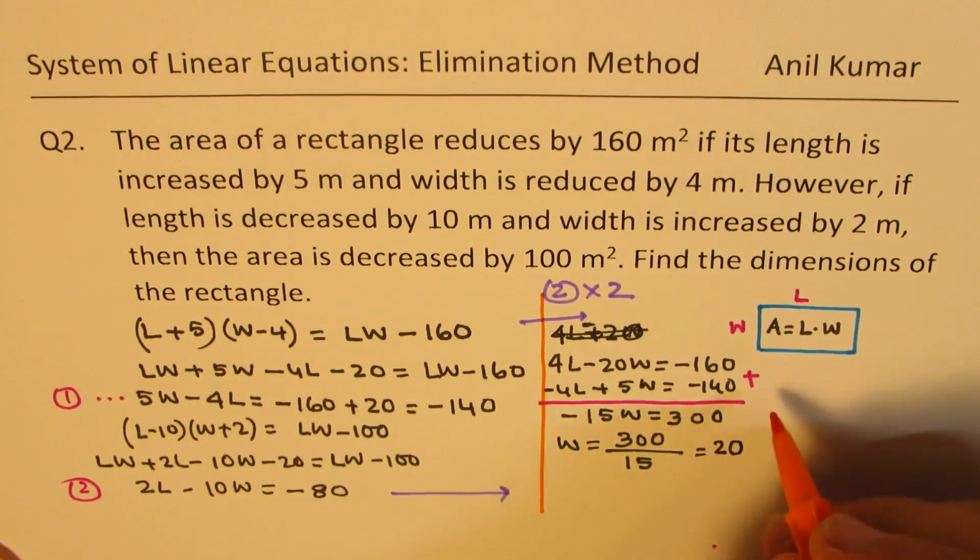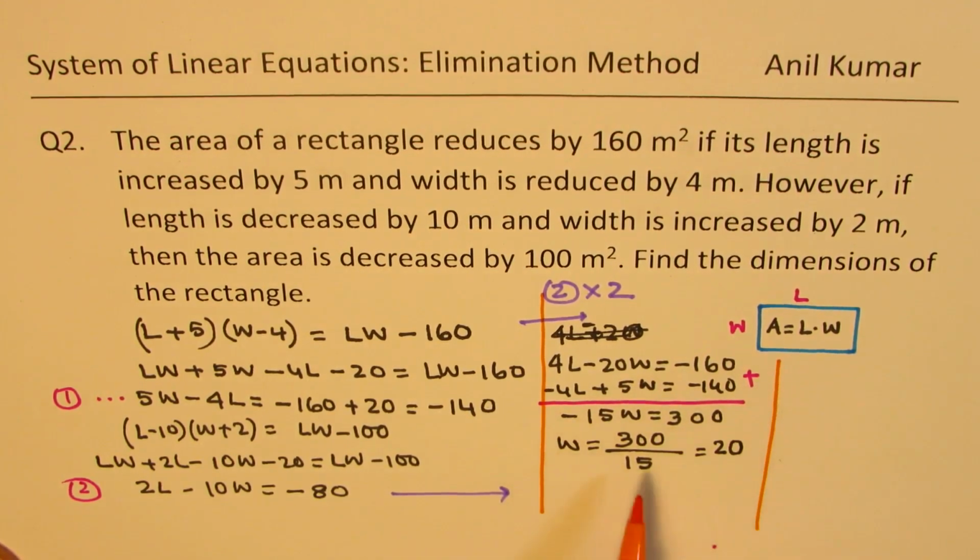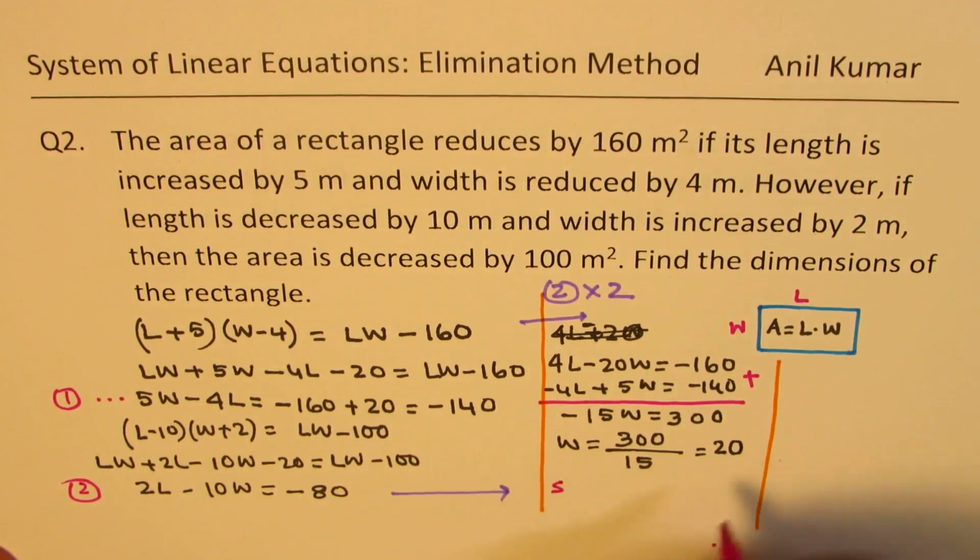We can now find the length using width as 20 in any one of our equations, correct? So let's substitute W equals 20 in, let us say, equation number 2.